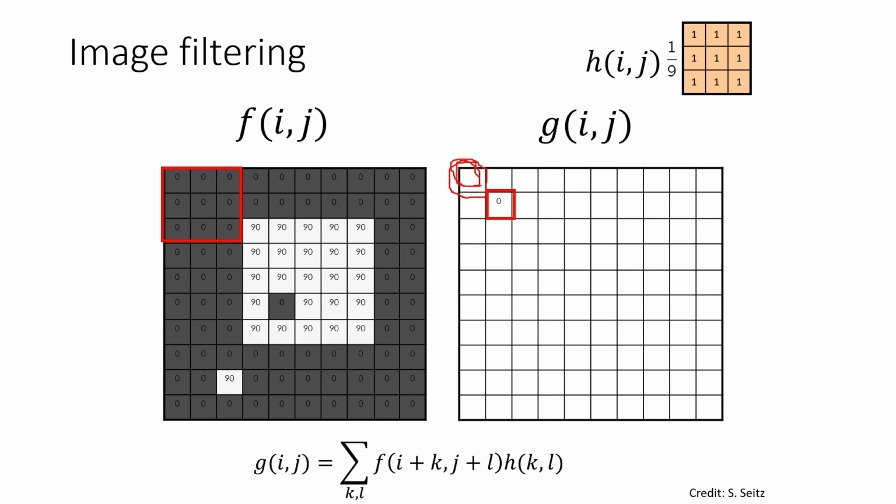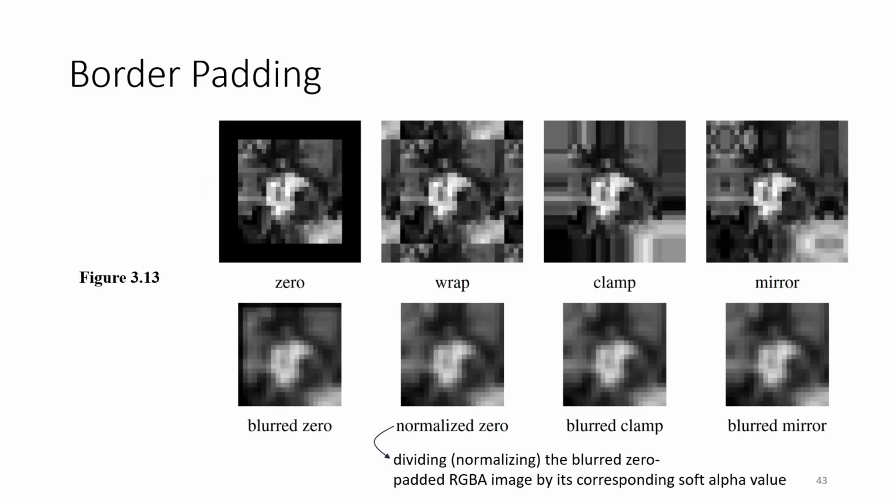There are several ways to deal with the problem. One is to just fill in 0. This is zero padding. This is the original image, and you pad the zeros here, then do the image filtering. Of course, because these values are 0, you will generate a dark boundary.